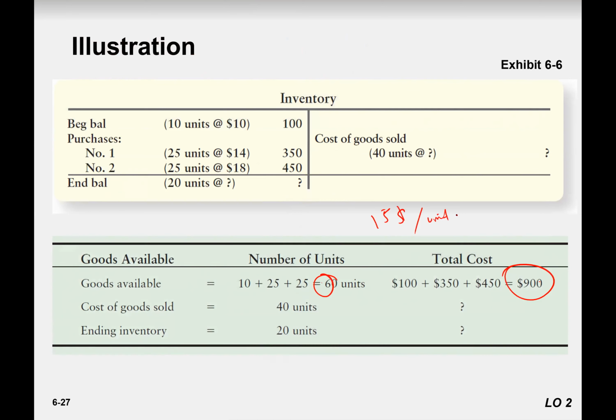So they sold 40. What is the cost of 40? Multiply by 15. And so among that 60, 40 is sold, 20 is left. 20 multiplied by 15. Very easy, right? This is how you calculate the weighted average.